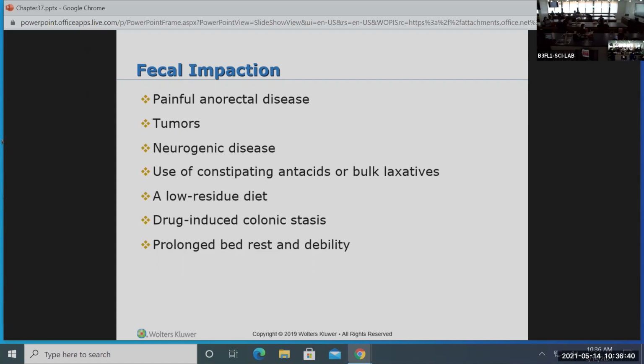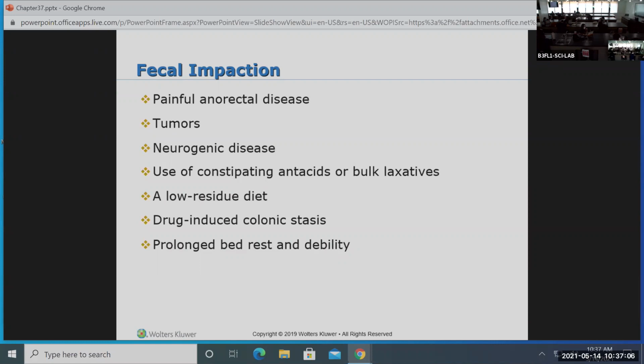Okay, maybe due to some tumors or maybe due to some neurogenic disease which hampers the normal peristalsis. Use of constipating antacids and also bulk laxatives.